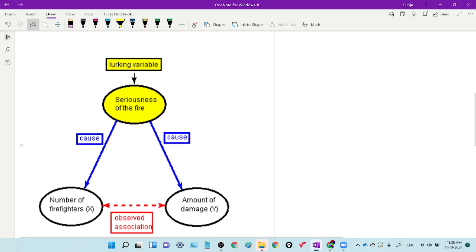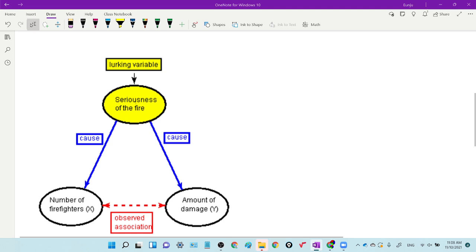So here, number of firefighters, amount of damages. When we collect the number of those data, they are related to each other. But we are not just making causation. Because of this happens, or because of that, this happens like that, okay? So we need to think about lurking variable or hidden or underlying factors. Series of the fire.